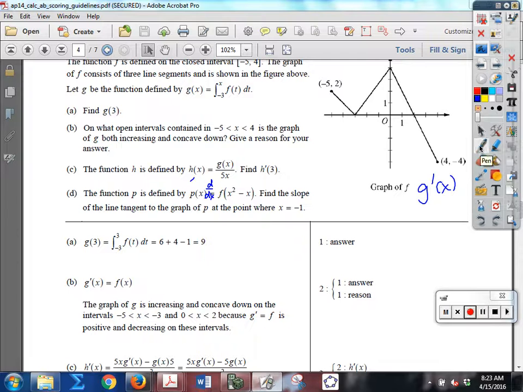Positive, so g prime of x has to be positive. And in order to be concave down, what else has to be true about g prime of x? Decreasing. Too bad, but I think the hardest part is making that connection, and then I would just leave it labeled.